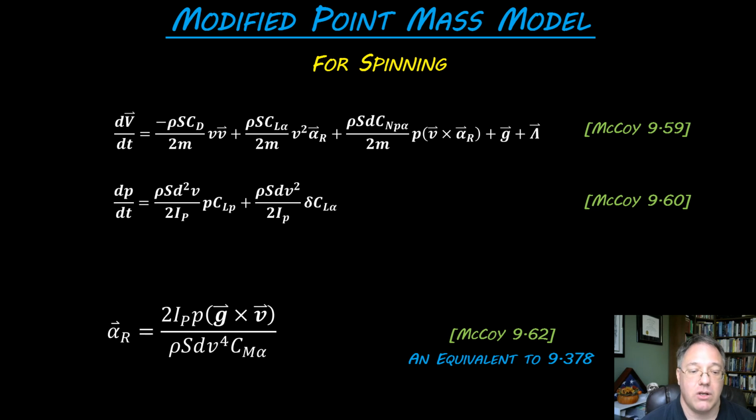This is equivalent to what was on the earlier slide with 9.378, if we make a few assumptions. In most cases, this is a very practical way to calculate what our yaw of repose will be. It's just another form of the equation that we can use.